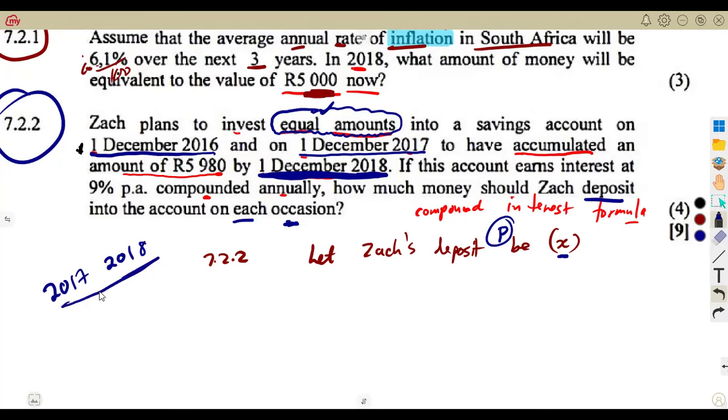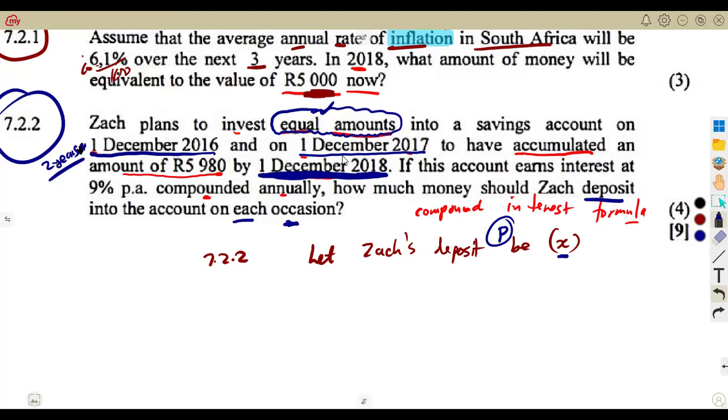So you're talking of a period of 2 years up to 1 December 2018, where the money increased in value. So the first investment took 2 years.